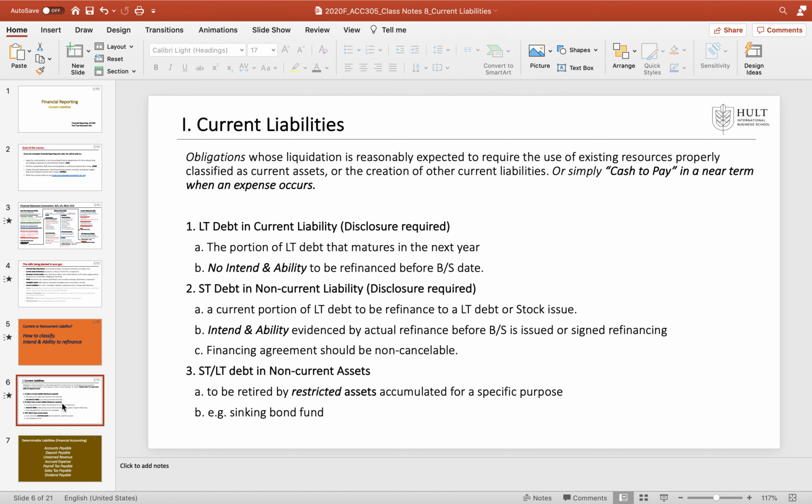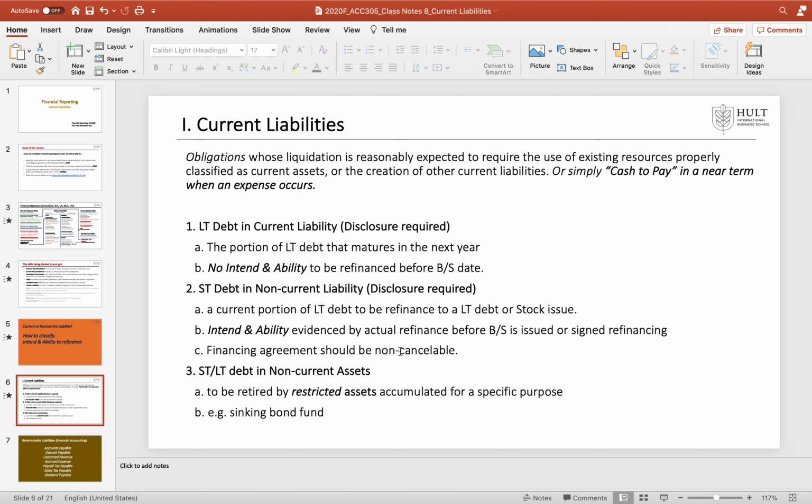If a short-term debt is in a non-current liability classification, that means the current portion of long-term debt is to be refinanced, with the intent and ability evidenced by an actual refinancing before the balance sheet date. So the point is again the intent and ability to refinance.